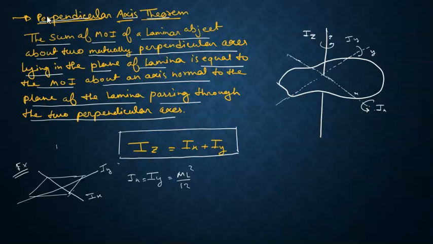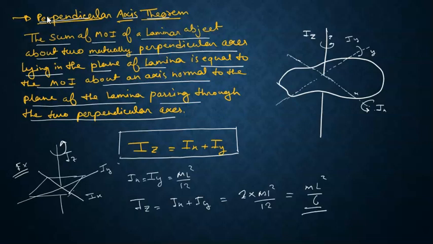Now, if we are asked to find Iz, which is perpendicular to this lamina, just simply put this theorem. Iz equals Ix plus Iy, that is equal to 2 into ml square by 12, that is equal to ml square by 6.